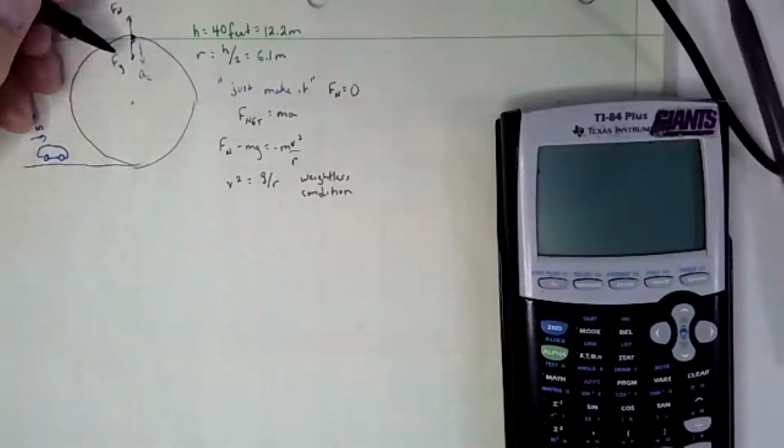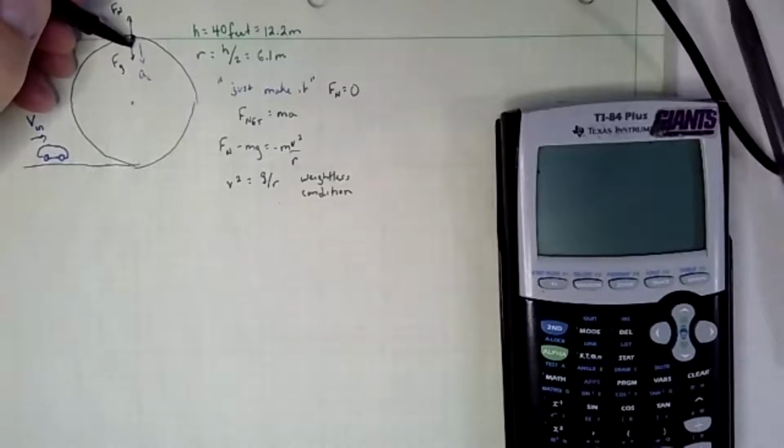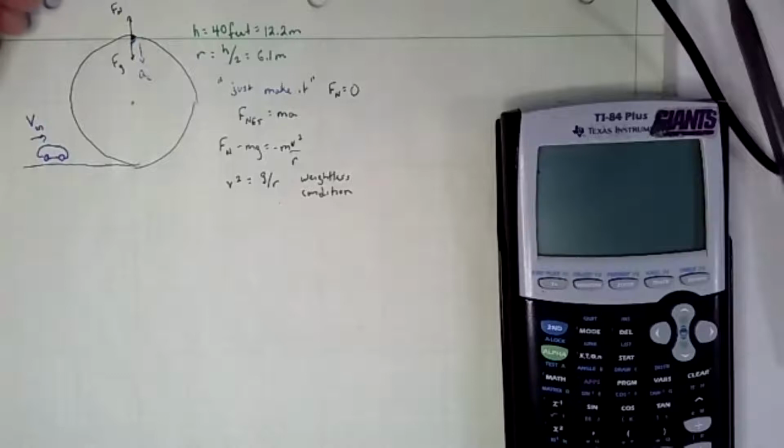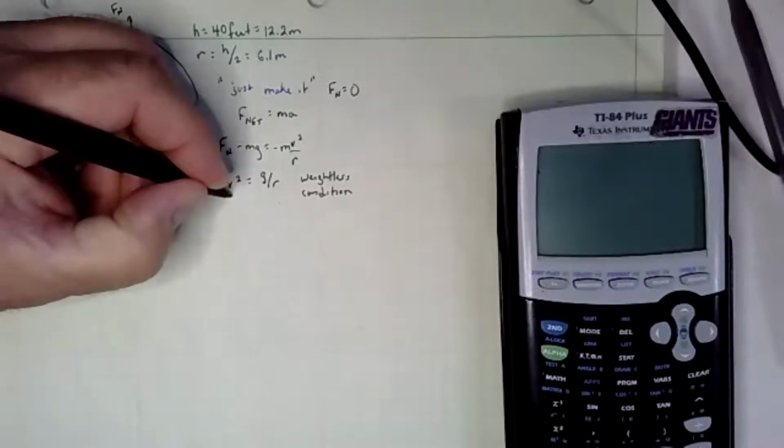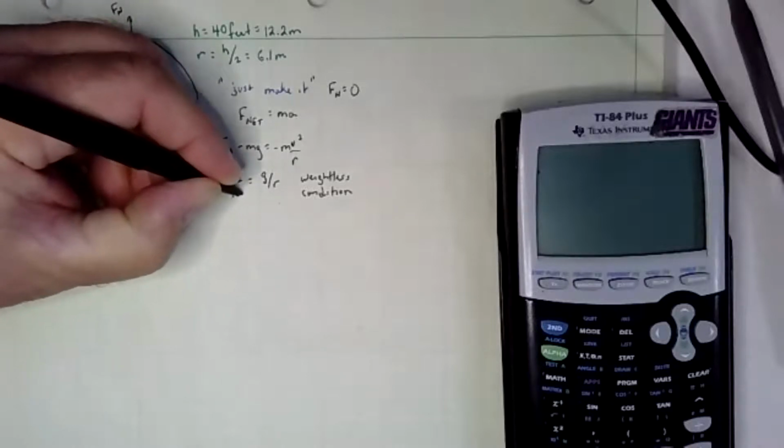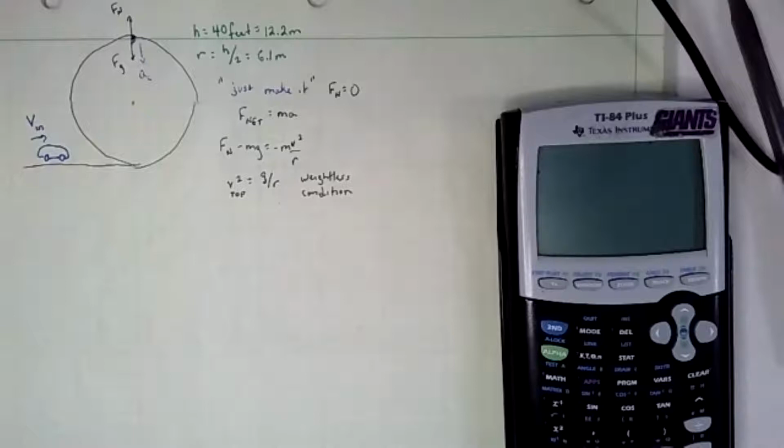And if you're going faster than this condition, then you actually experience what we would call negative G's, because our driver is going to be inverted and feel pressed against the outside. Okay, well, that is our condition for just making it. And that's the condition at the top. So I'm going to include the subscript top here.